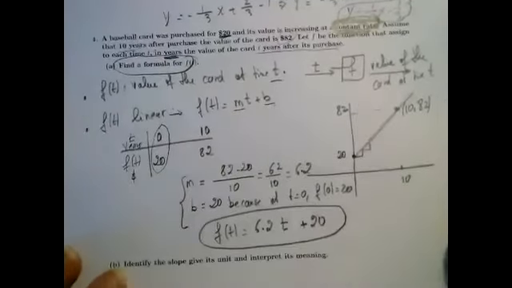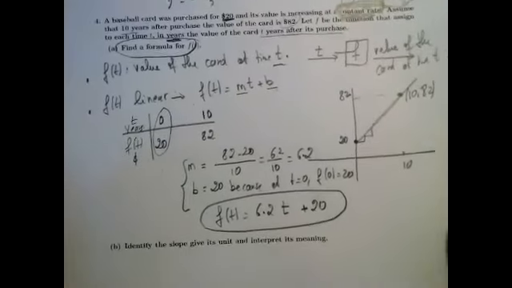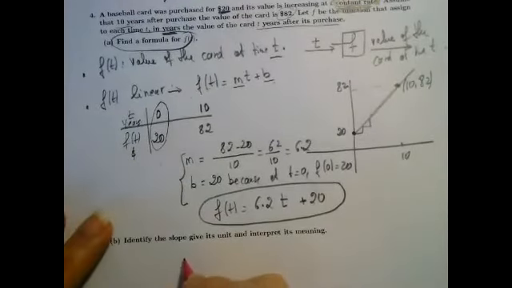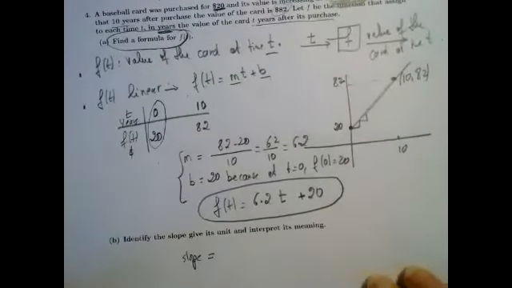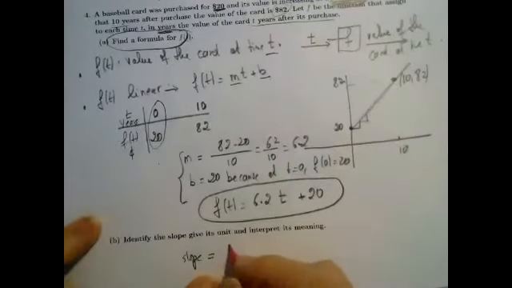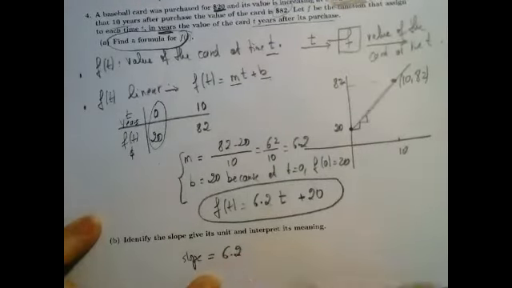All right. Now identify the slope. What's the slope, and give it a unit. So quickly, guys, I need help. What's the slope? 6.2. And what's the unit? What does the slope tell me?